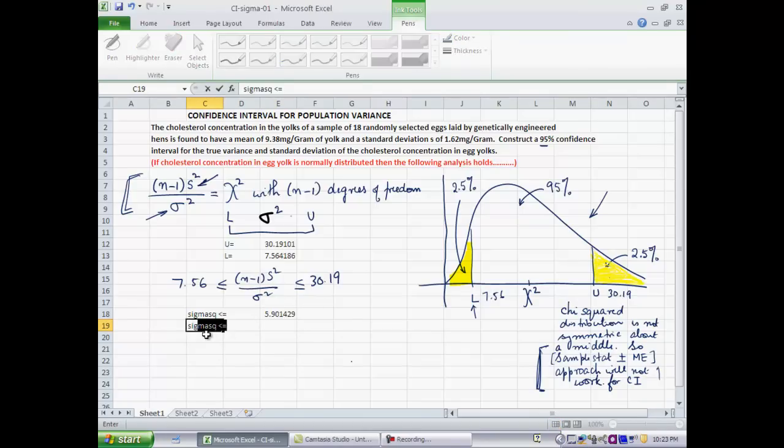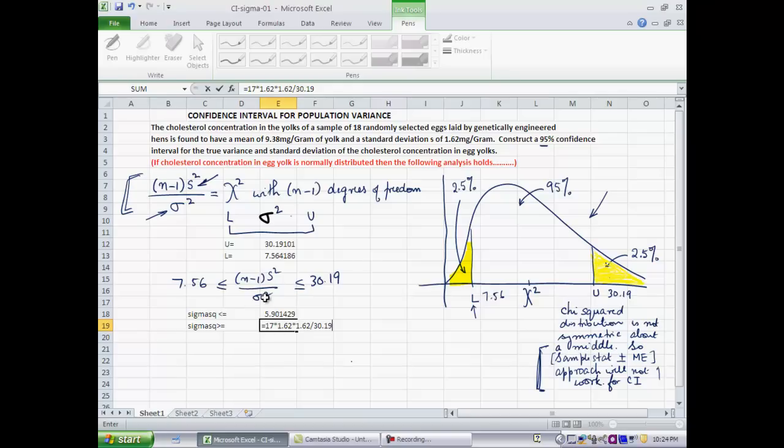So let's see, sigma squared would be greater than or equal to, this would again be 17 times 1.62 times 1.62 divided by 30.19. Where did all these numbers come from?